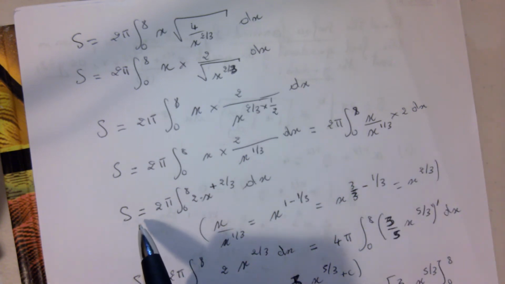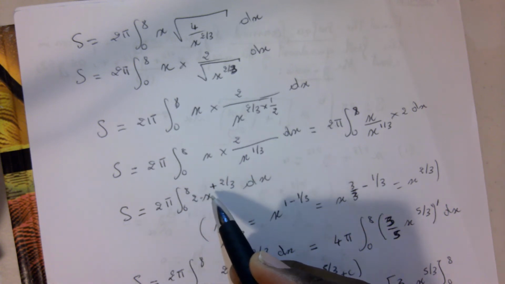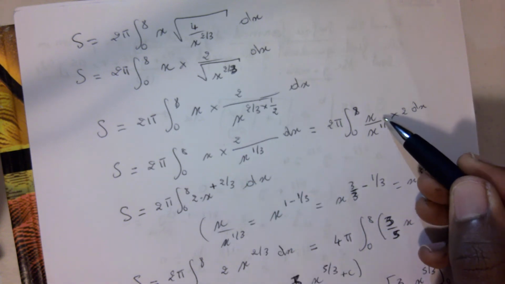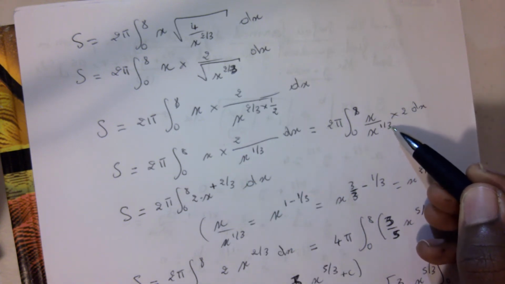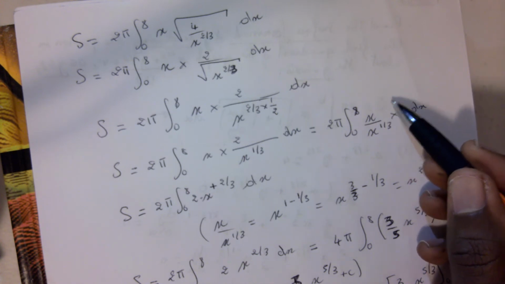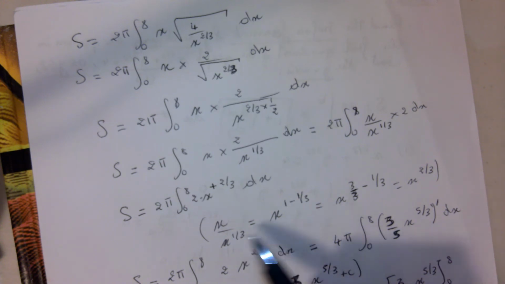So S will be equal to 2 pi integral from 0 to 8 of 2 times x to the power 2/3, because x over x to the power 1/3 is the same thing as x to the power 3/3 minus 1/3, which is x to the power 2/3.